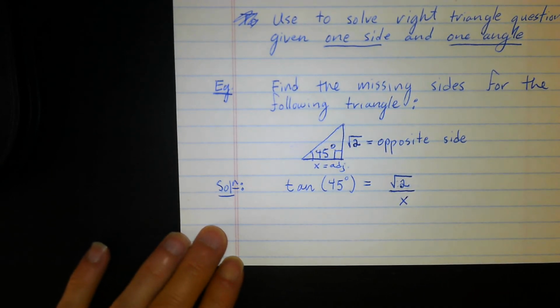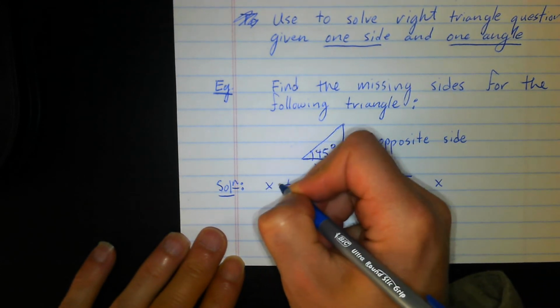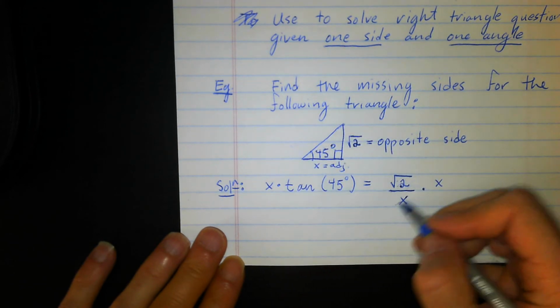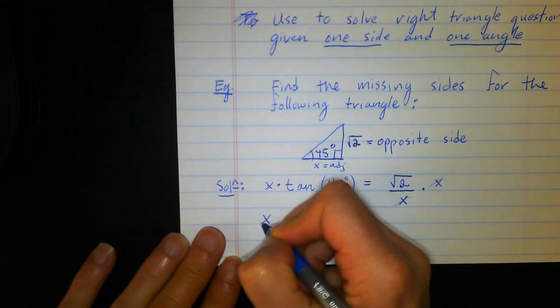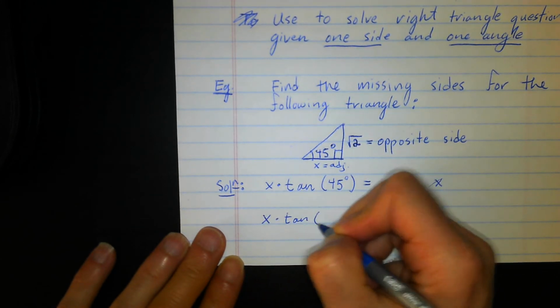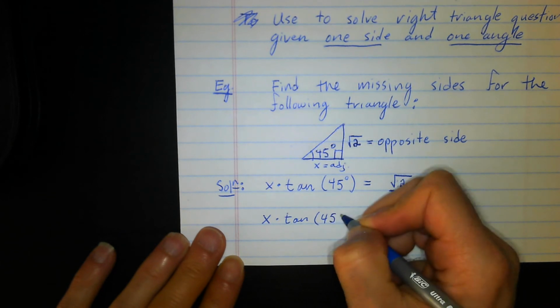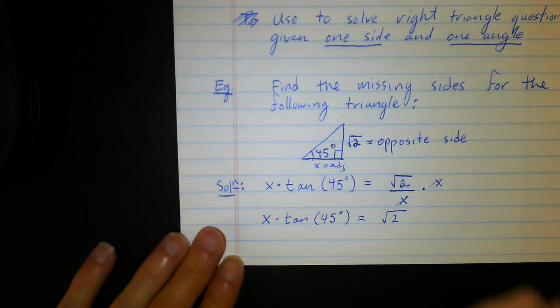Okay, now if I solve for x here, I'm going to multiply both sides by x. And that cancels the x's on that side. And I'm left with x times tan of 45 degrees equals the square root of 2.